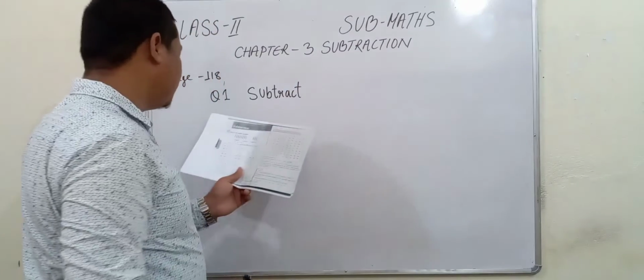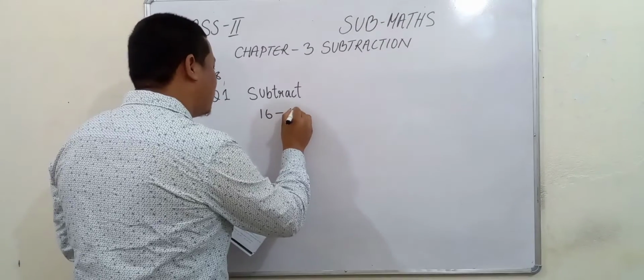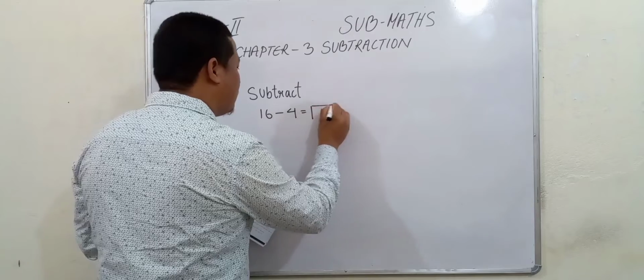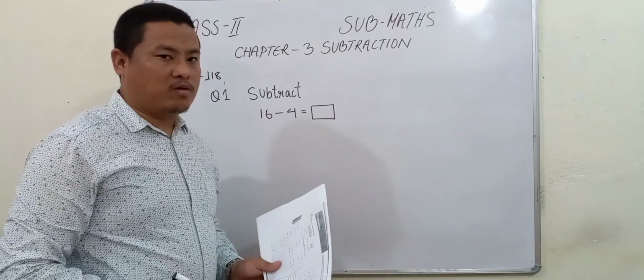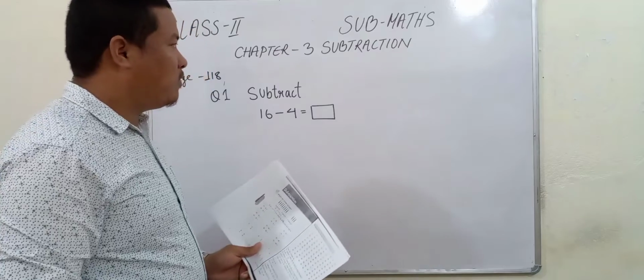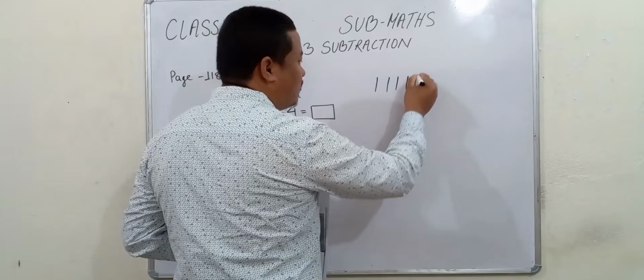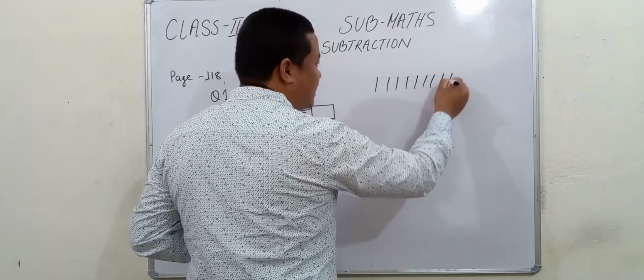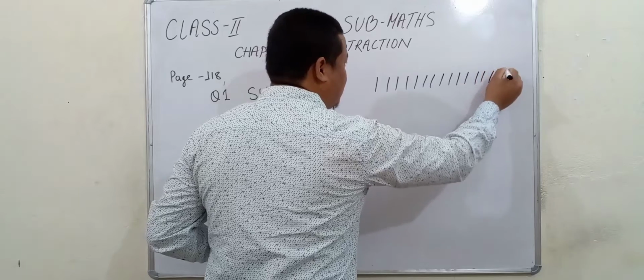Question number 1, subtract. 16 minus 4, how much we have to find out? 16 minus 4. 1, 2, 3, 4, 5, 6, 7, 8, 9, 10, 11, 12, 13, 14, 15, 16.